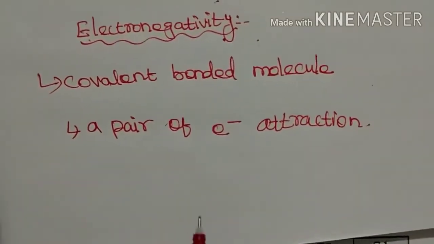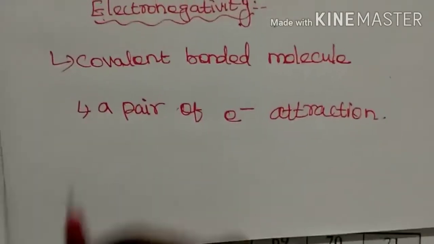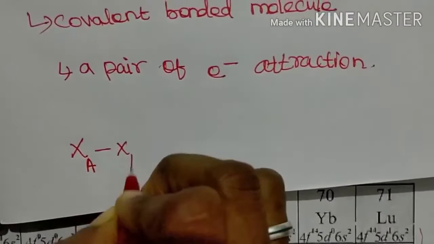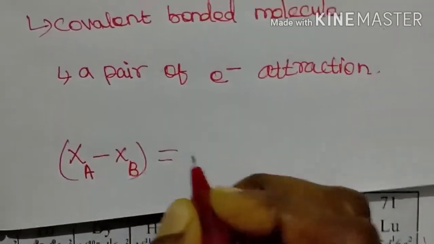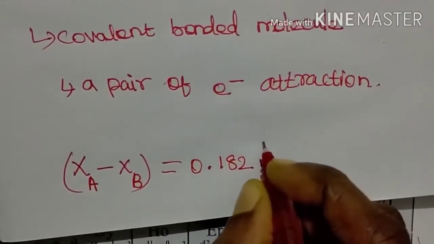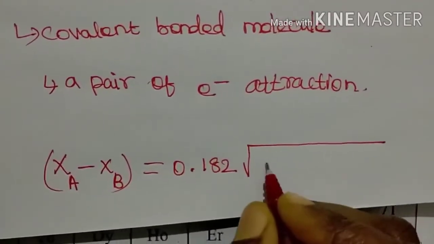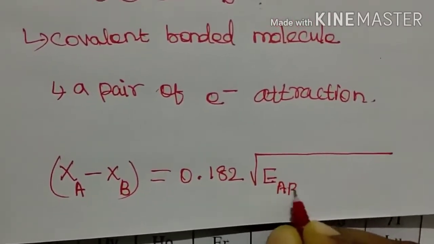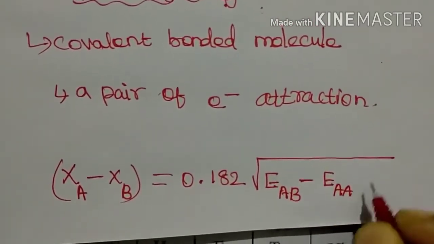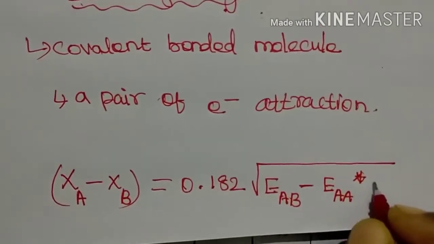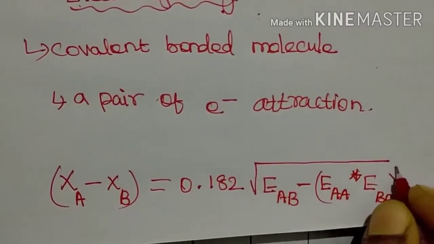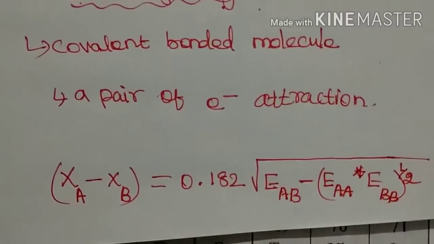He proposed one equation to calculate the electronegativity: XA minus XB equals 0.182 times the root of EAB minus EAA multiplied with EBB, power 1 by 2.